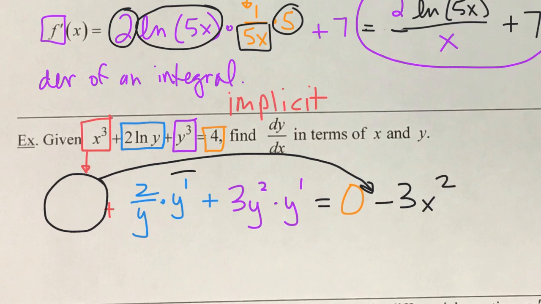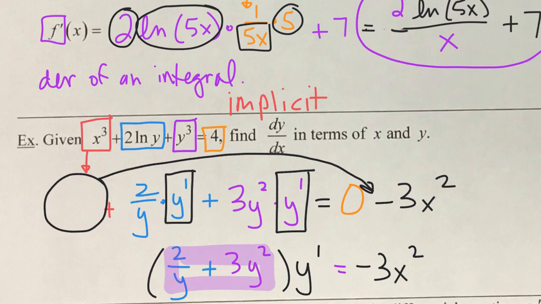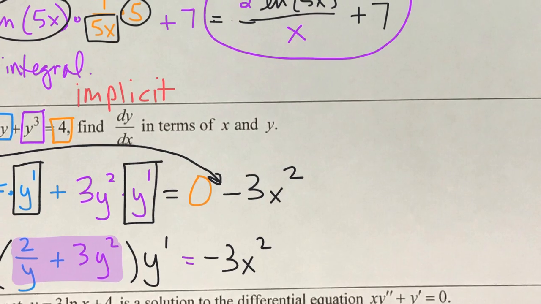And our next thing is to factor out y prime from both of these terms. So 2 over y plus 3y squared equals negative 3x squared. Our last step is going to be to divide by all of this stuff. Okay, divide by everything in parentheses.